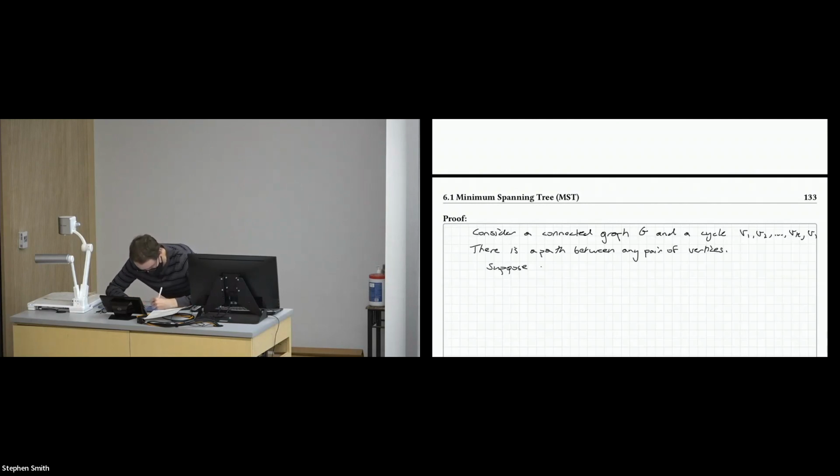And so now suppose we delete a cycle edge, let's say Vi plus 1.